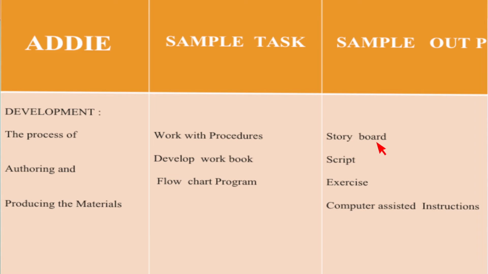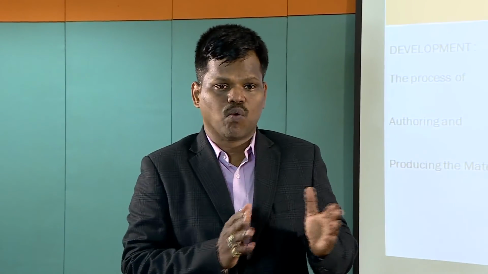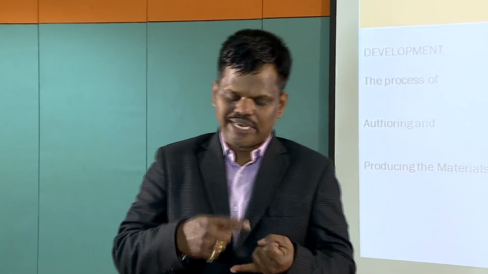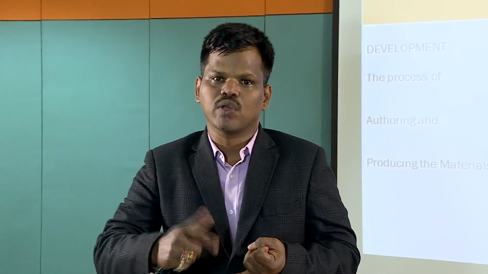What will be the output? A storyboard. We can make it a script, then an exercise, then computer assisted instruction will be written. So the work with procedures is output by a storyboard, the workbook is developed by a script, and following the chart programs, we do the exercise and record it on computer assisted instruction.